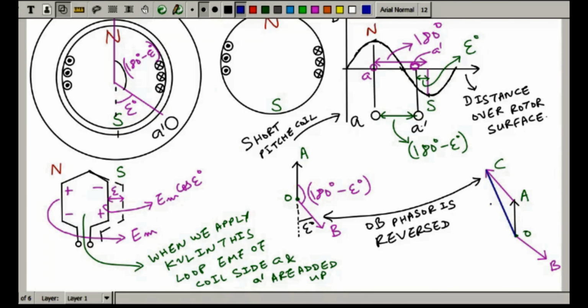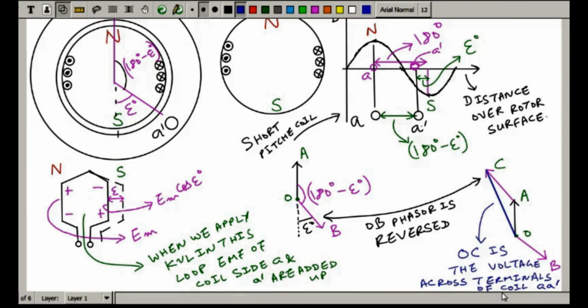So we can say that OC is the voltage across terminals of coil AA dash.